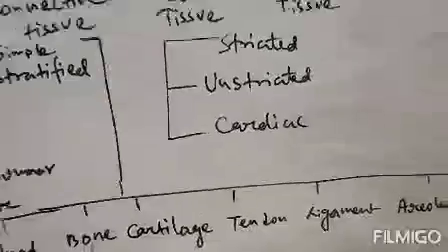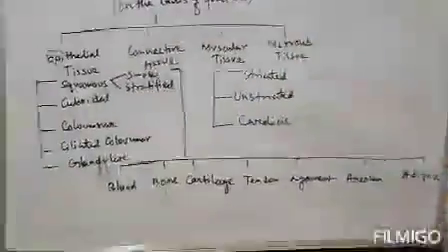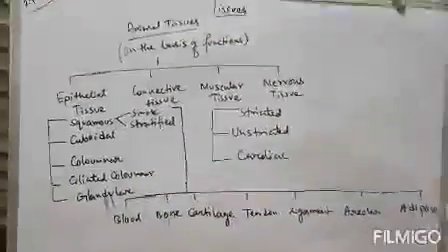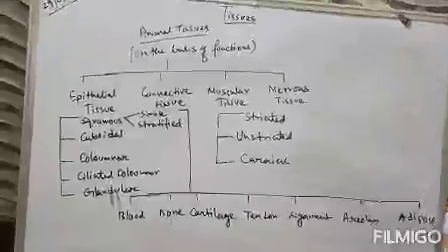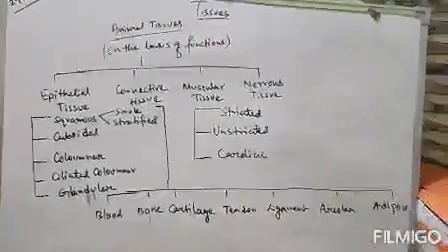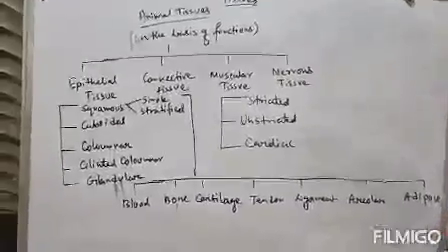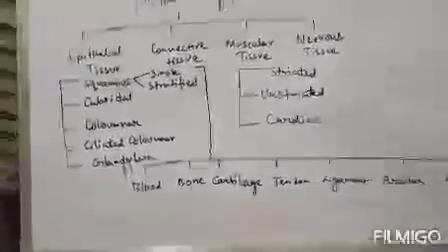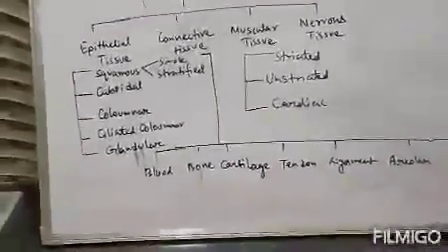And nervous tissue has no classification, no subdivision. So this is the total classification of animal tissues: epithelial tissue, connective tissue, muscular tissue and nervous tissue, four basic parts, and these parts are further classified as given. Clear? Now we will discuss each of these tissues one by one.